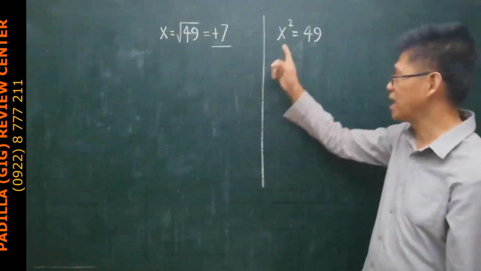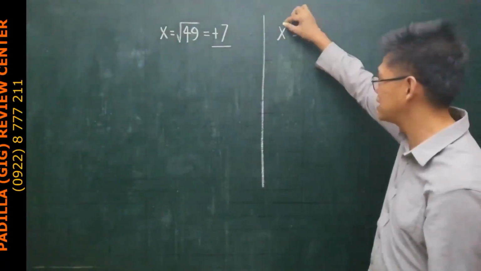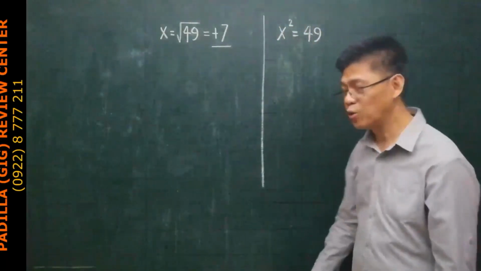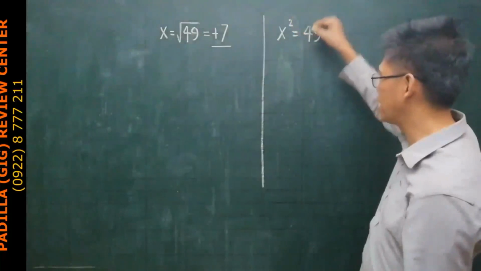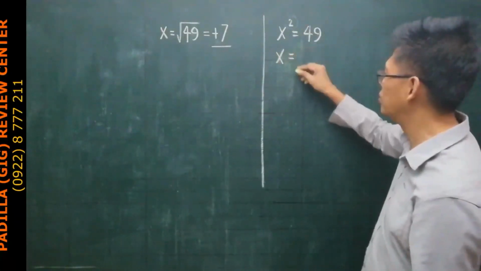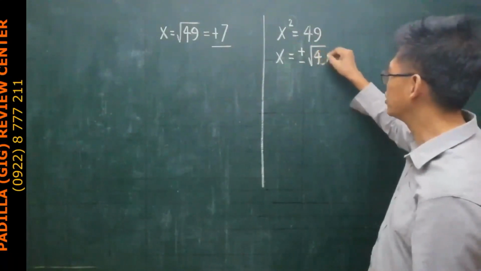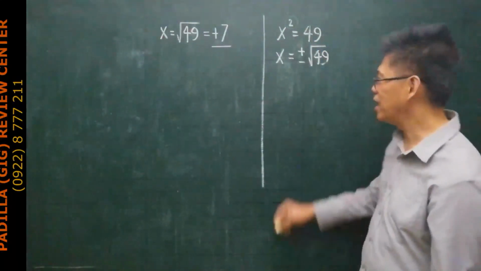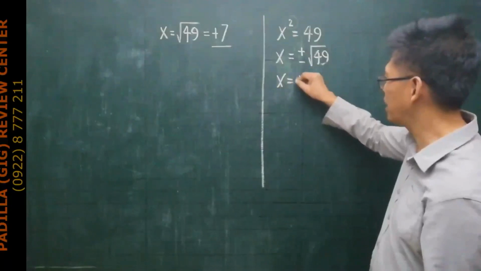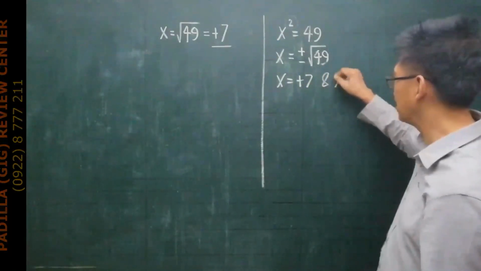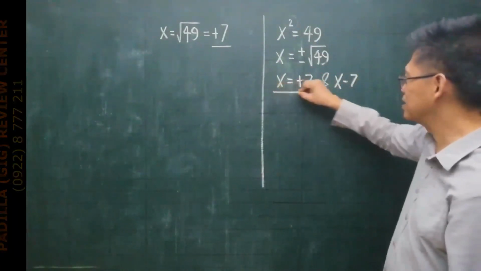This one is a second degree equation. It has two roots. So when you take the square root of both sides, x is equal to plus and minus the square root of 49. So therefore x is plus 7 and x is minus 7.